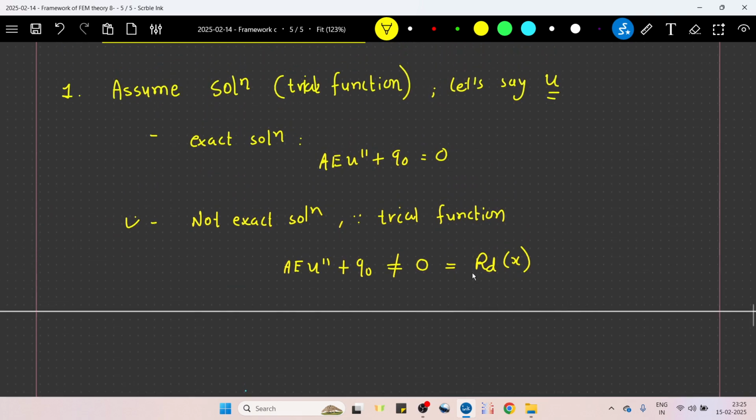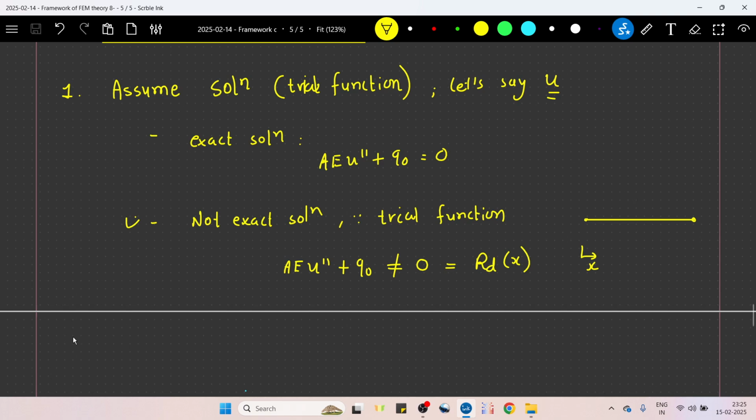So this is our rod length, and we get an error with respect to x.